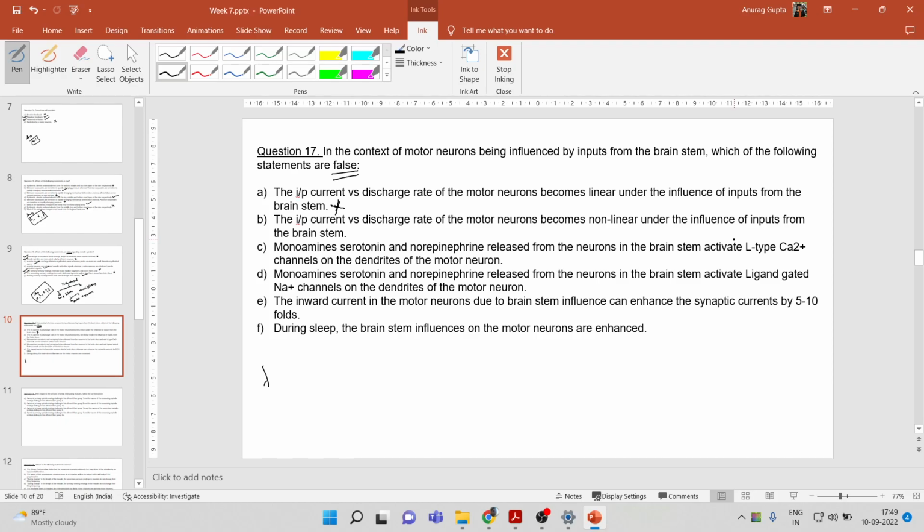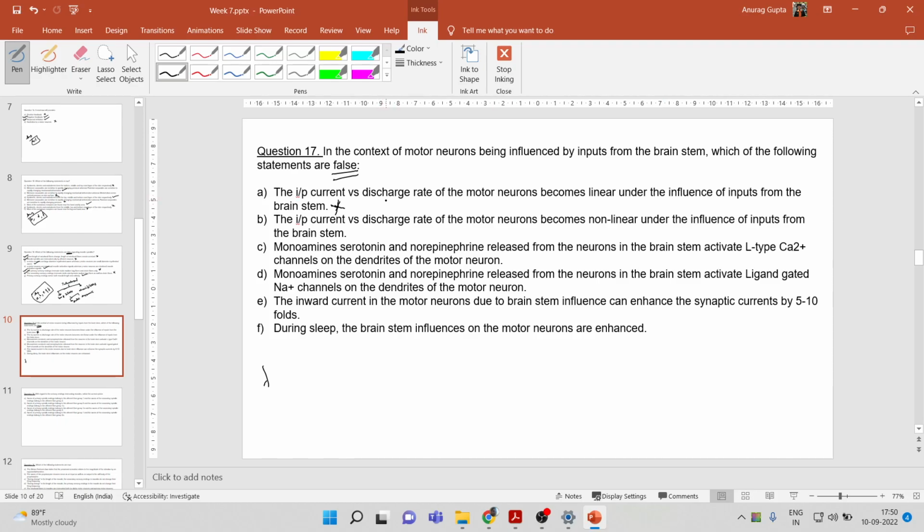So this influx of inward current elevates things, so that when a new depolarization happens due to these brainstem influences, the synaptic input current gets magnified by 5 to 10 times.